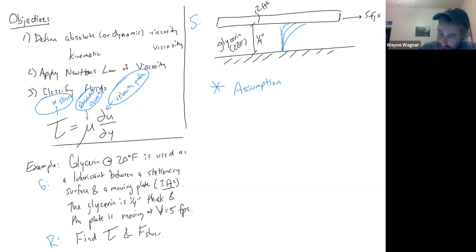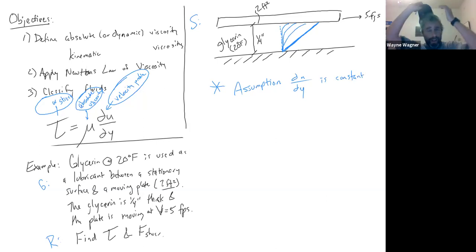It's going to take some time until it has completely reached the bed. Once it's done that, the assumption that I'm going to make is that du dz, or dy, is constant. What that assumes is we've had time for this fluid to get to that point.